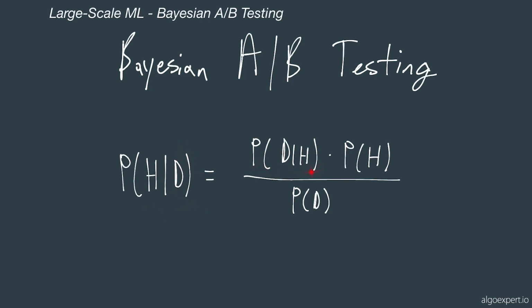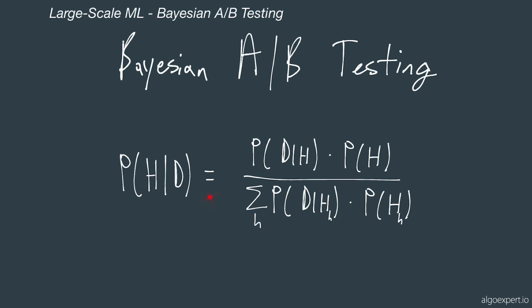The likelihood is going to be the probability of some data given our hypothesis, and then this is going to be the prior of our hypothesis. The denominator here will expand out to this to explore all of the different hypotheses that we have. In this case, we have the null hypothesis, which means that the control and the treatment groups are the same. We also have the alternative hypothesis, which means that the treatment and the control groups are different.